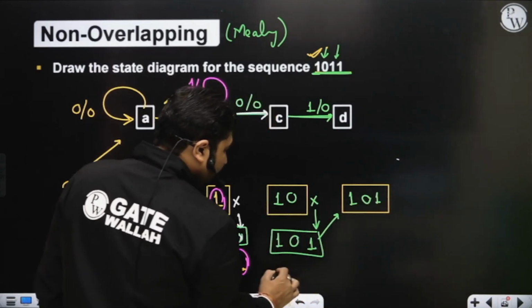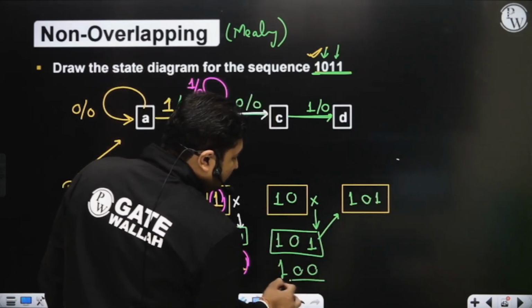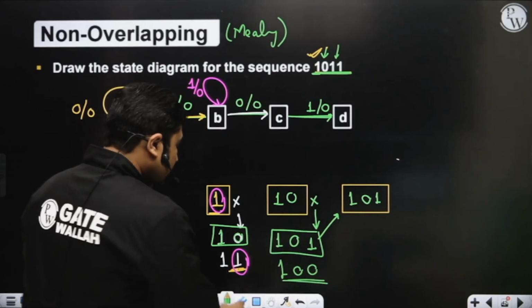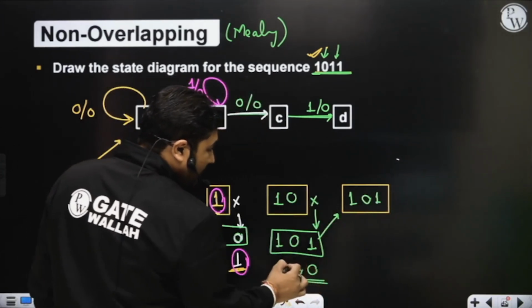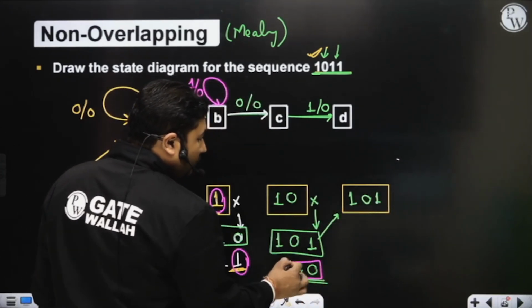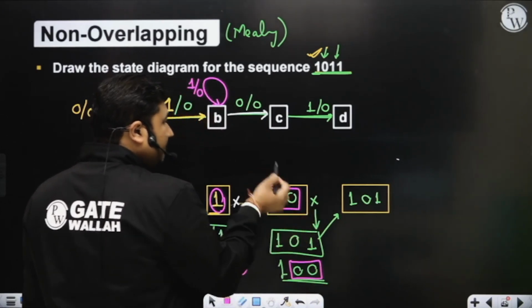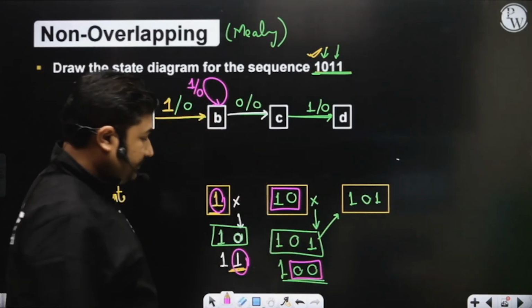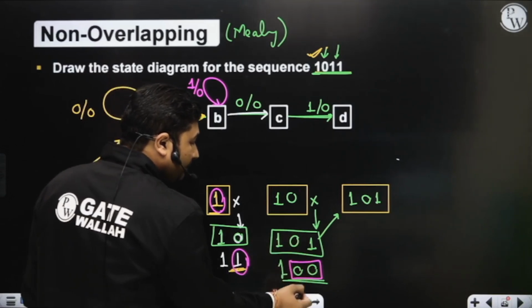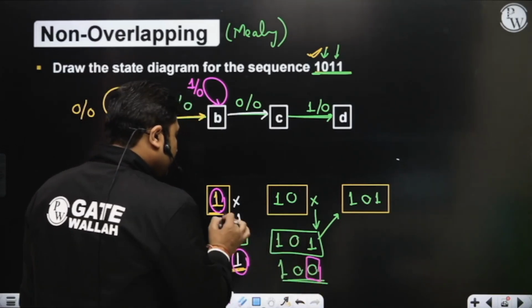But in case x equals 0, then this is not the required state. Now compare the last 2 bits with the 2-bit state. If it matches, remain on state C. If it doesn't match, then compare the last 1 bit with the 1-bit state.